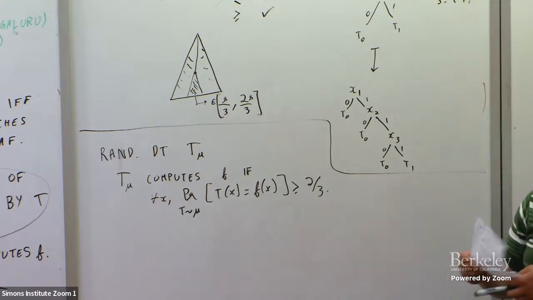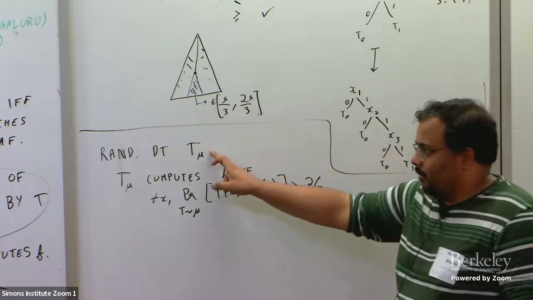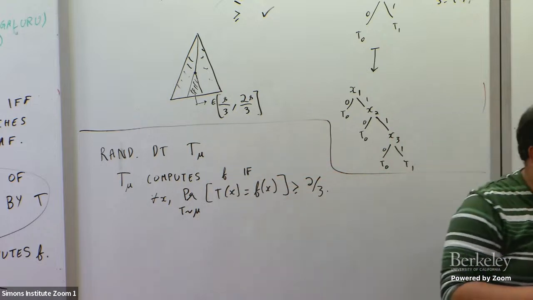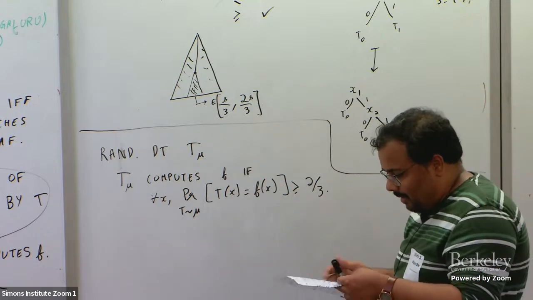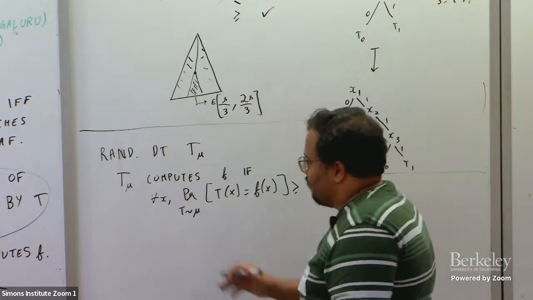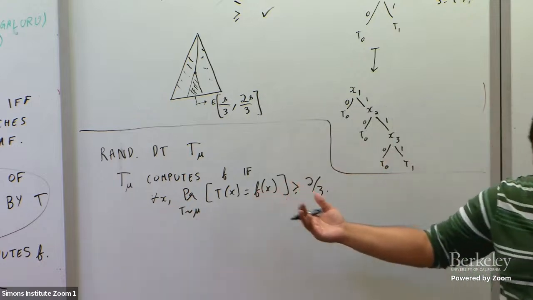Okay. So you randomly sample a tree according to T mu, run it on X, the probability of making error is small. And what are the complexity measures of a randomized tree? It's just the worst case complexity of a deterministic tree in the support.